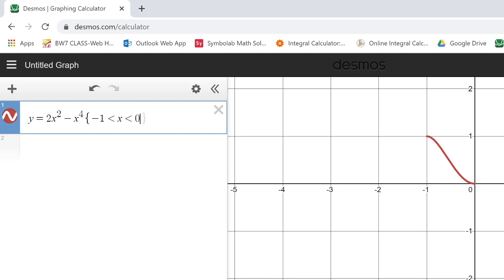And looking at here, notice any interval between -1 and 1 cannot include both negative values and positive values, because then that wouldn't work out. So we can go between 0 and 1, and again, that works out as well.